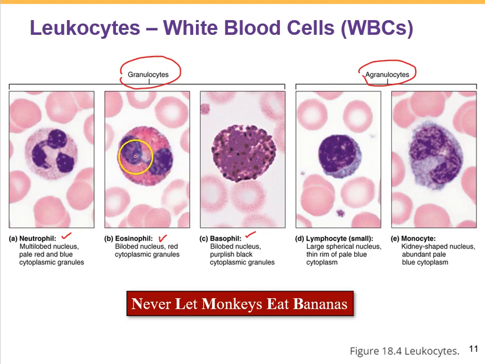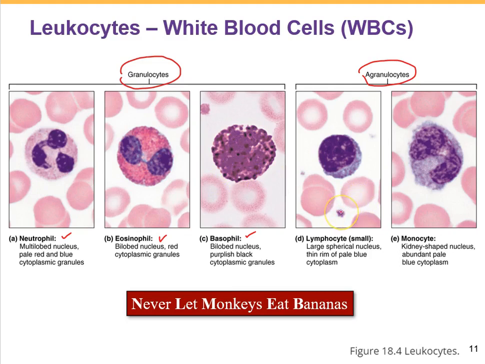Eosinophils have a bilobed nucleus and their cytoplasmic granules are red in color. And basophils have a bilobed nucleus, with purple-black granules found covering the nucleus.